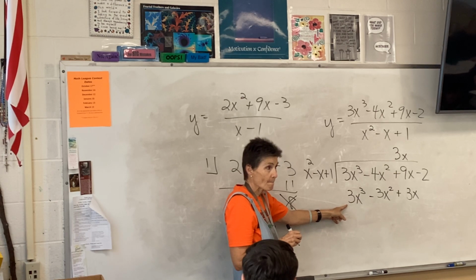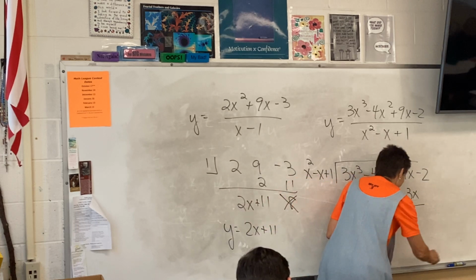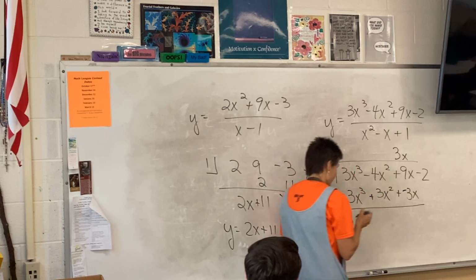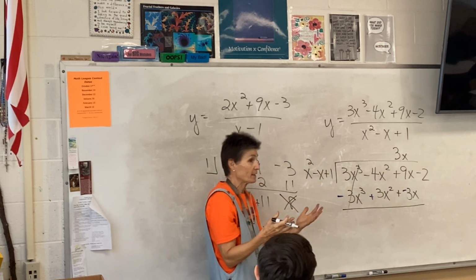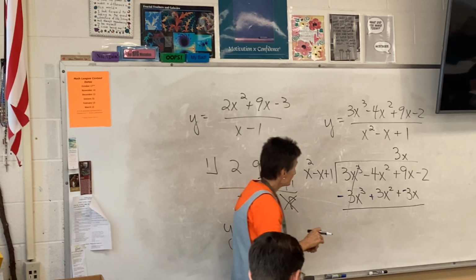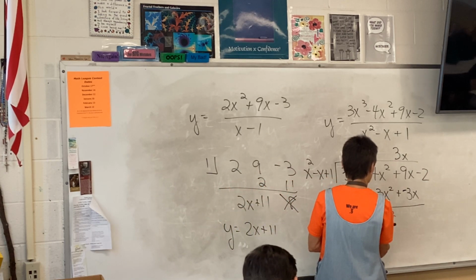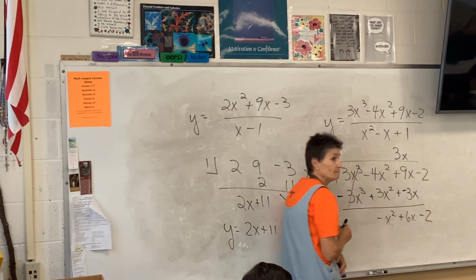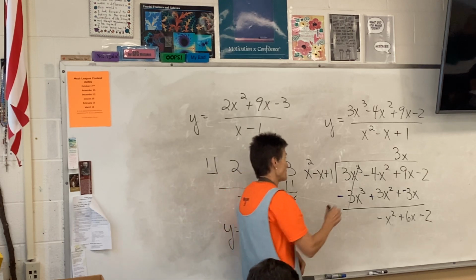Now what? Subtract. And remember, when you subtract, you're subtracting the whole thing. So basically, you're changing all the signs. Those are gone. That was your objective. That's done. So now it looks like I have negative x squared plus 6x, and then I'll bring down my minus 2. And what's going to go up here?